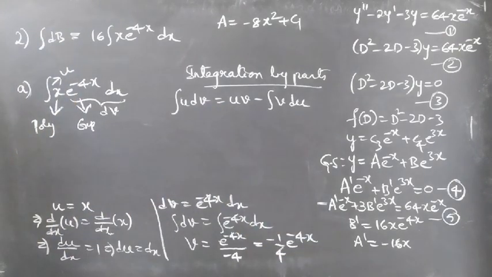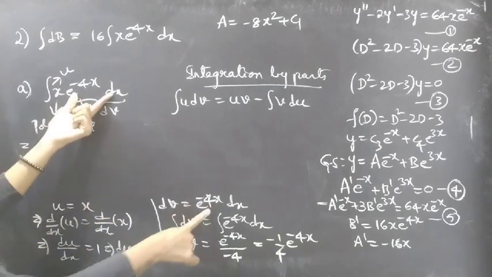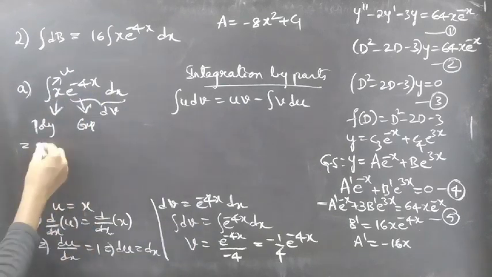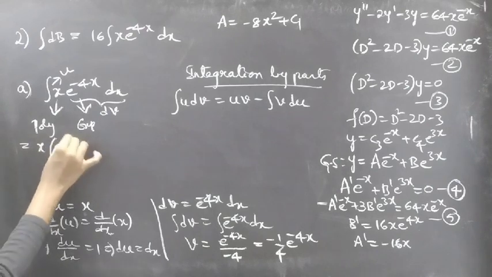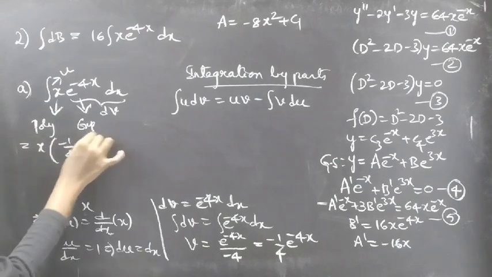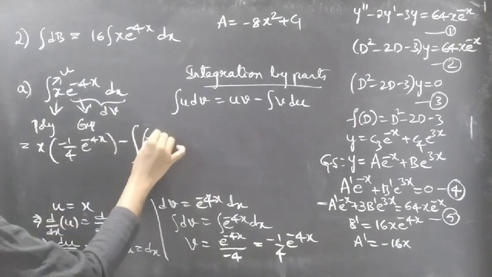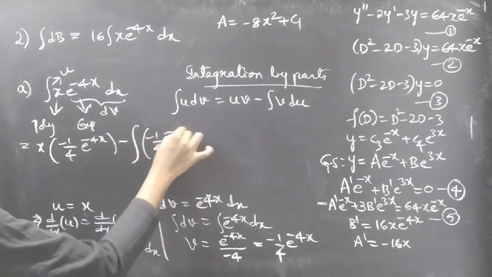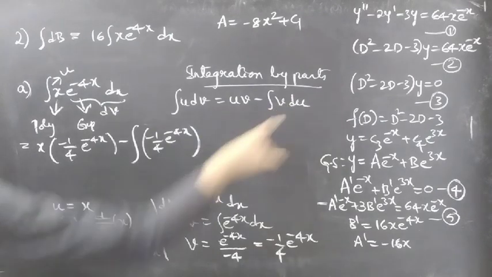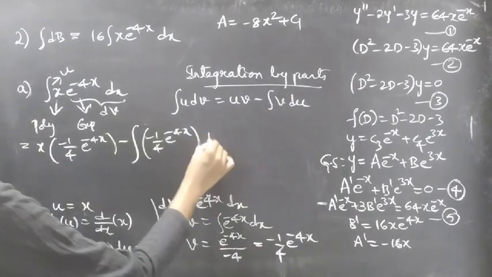Let's now apply the formula. Integral u into dv equal to uv, x into minus 1 by 4 e power minus 4x, minus integral v, minus 1 by 4 e power minus 4x, into du, this dx.